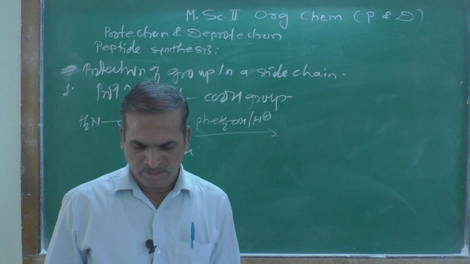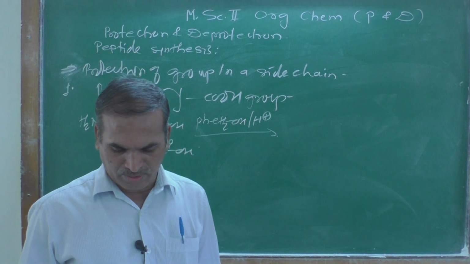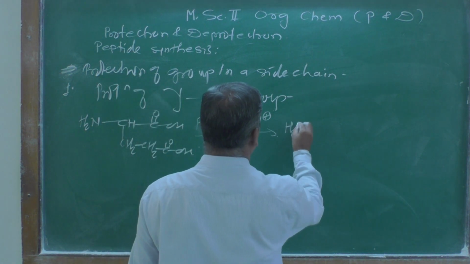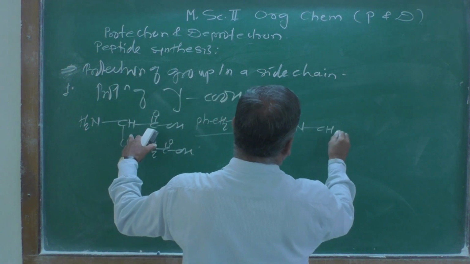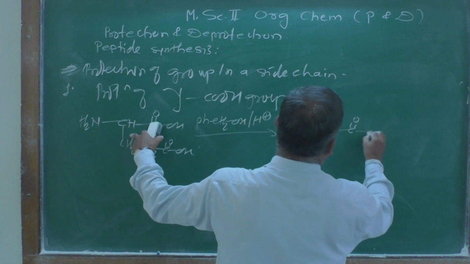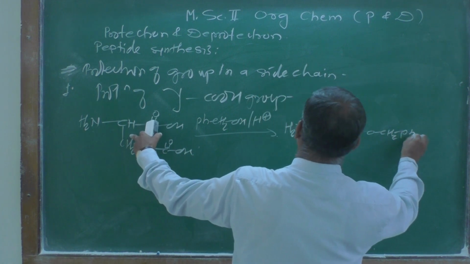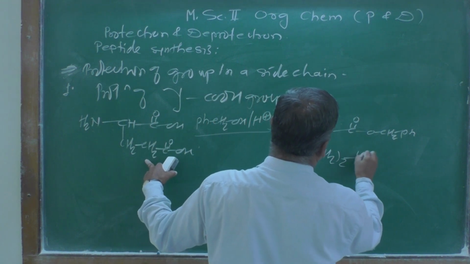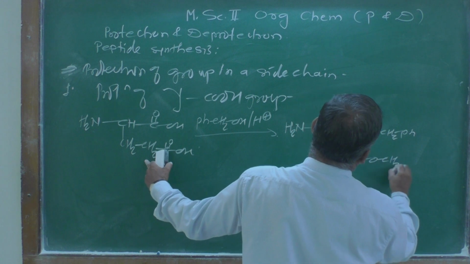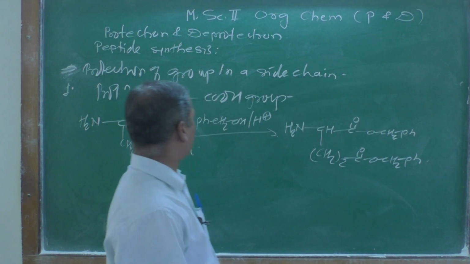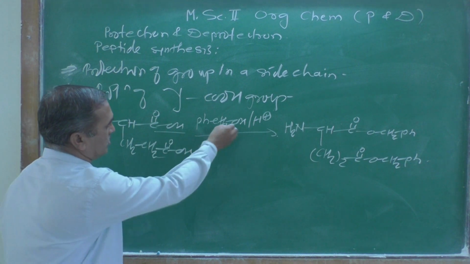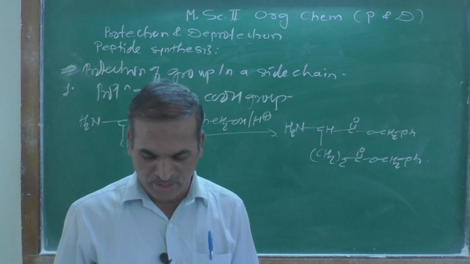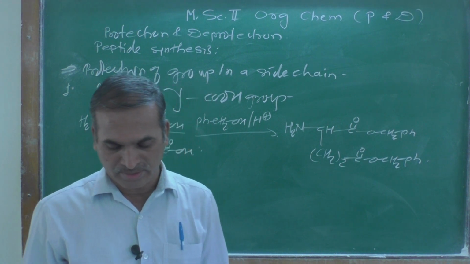It protects the carboxylic groups like this: H2N, CH, C double bond O, CH2Ph, then CH2 twice, C double bond O, CH2Ph. Both carboxylic groups get protected with benzyl alcohol in the presence of H plus.